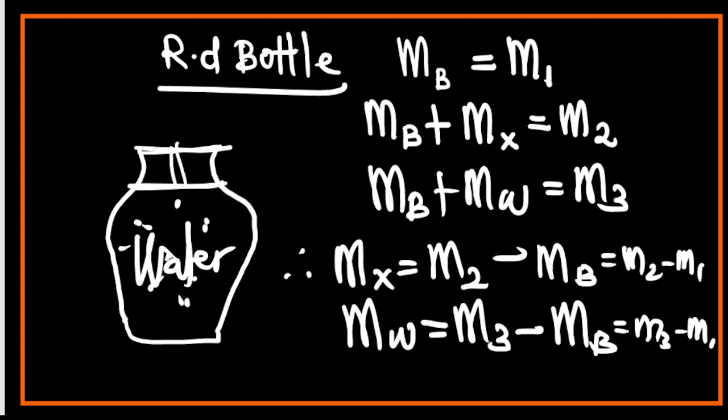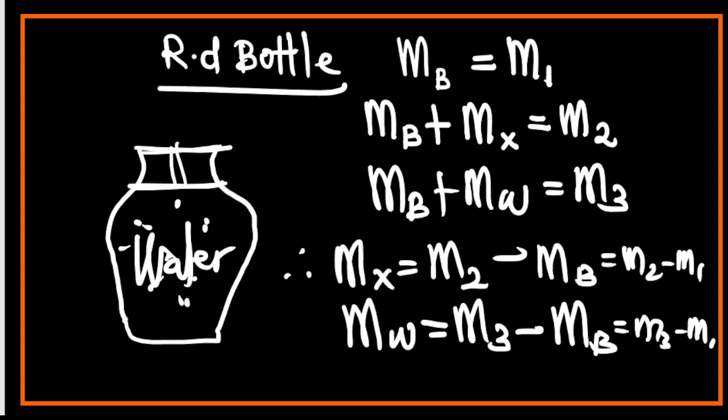So how do we utilize an RD bottle? It always begins with measuring the mass of the empty bottle. When you are done with that, you then fill the bottle with, let's say, a certain liquid X. You measure the total mass. That is not the original mass of the liquid.